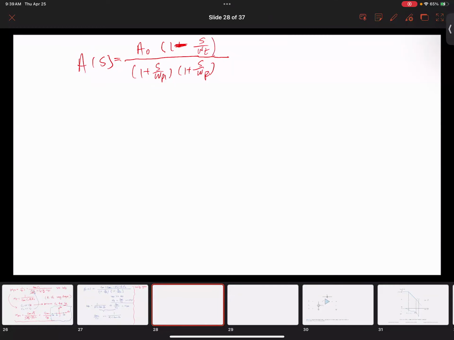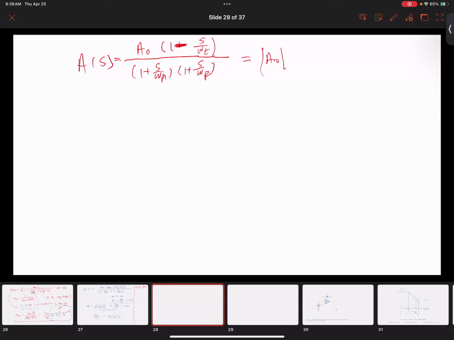Okay. Remember, we can always replace this S with j omega. Therefore, we can get this gain to be A0 times the absolute value. If it's negative, but in this case, it's positive, we know it.